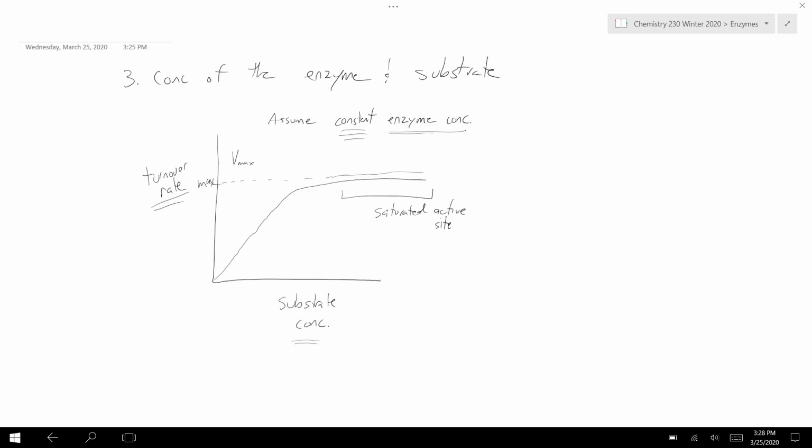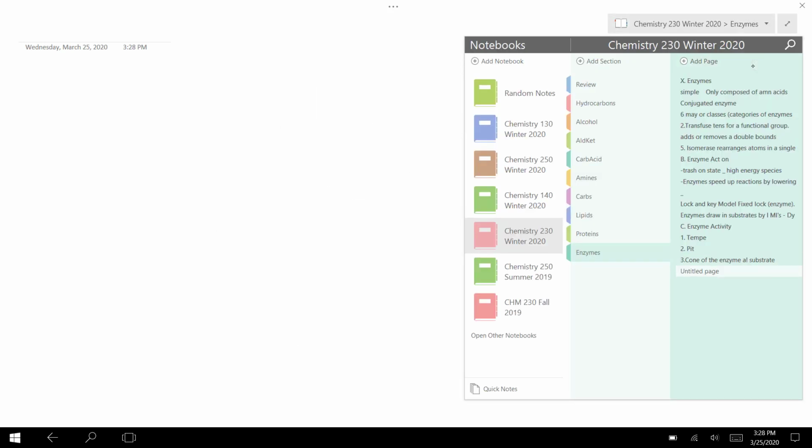Okay. I wrote down a couple rates that I think are fascinating. If you think of turnover numbers, and I keep using turnover rate and rate basically the same thing, it's a function of how quickly. Catalase is an enzyme that takes hydrogen peroxide and breaks it down into water and oxygen. That's not balanced. That's not my intention.